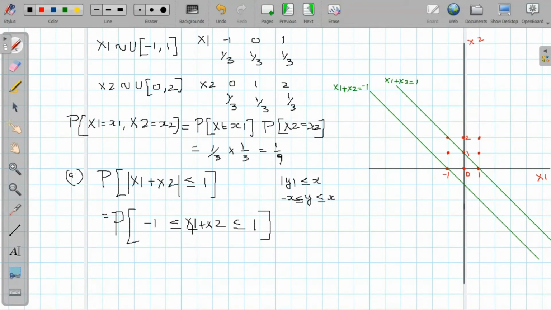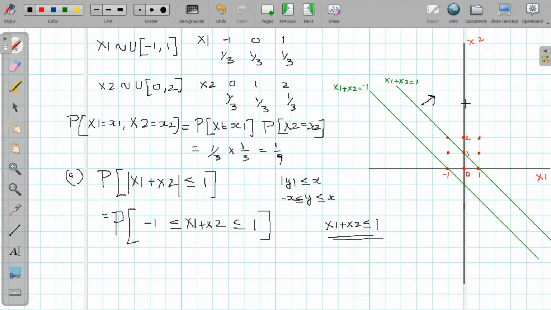This probability is the probability of the region that satisfies these two inequalities. So let's see what region in the x1 x2 plane is defined by them. On the right side, it's bounded by x1 plus x2 less than or equal to 1. The line I have drawn here is x1 plus x2 equal to 1.